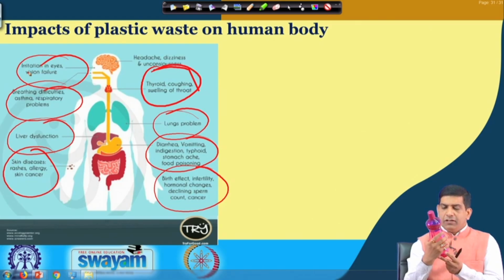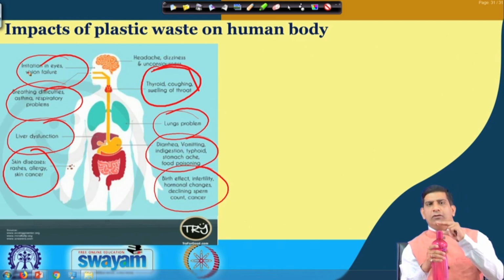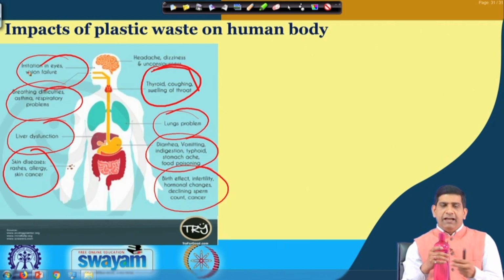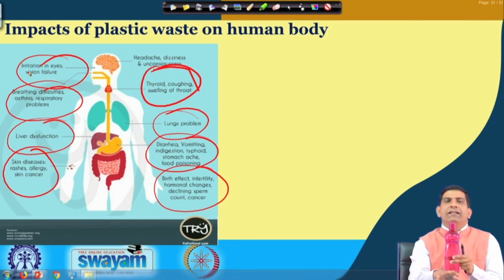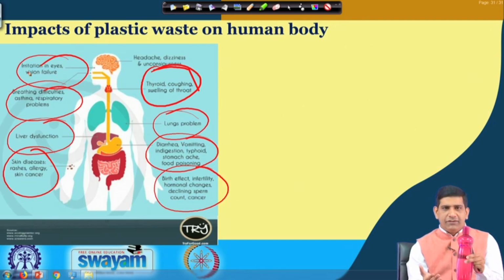Some of these bottles are supposed to be BPA free, but if it is present and leaches, and I consume this kind of water every day for a longer period of a few years, a few decades down the line, then you get these kinds of sickness. It's not that you consume water today and tomorrow you will have this sickness.